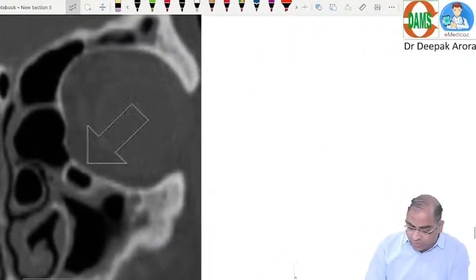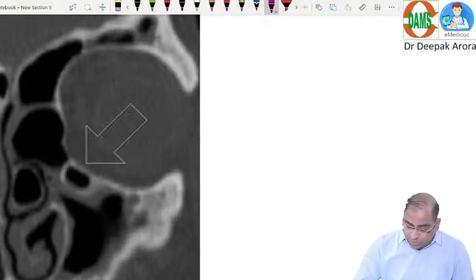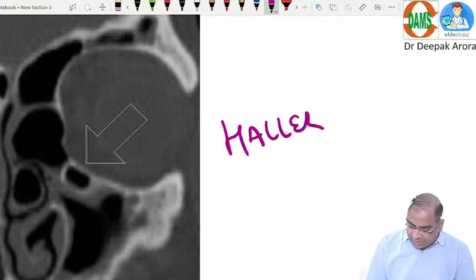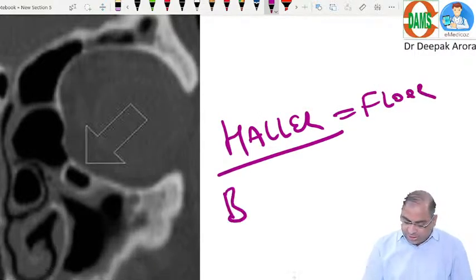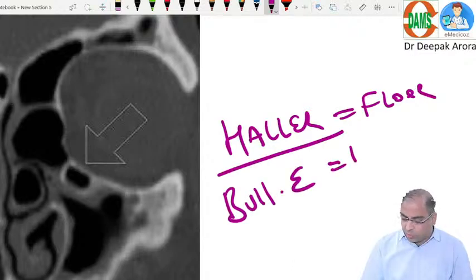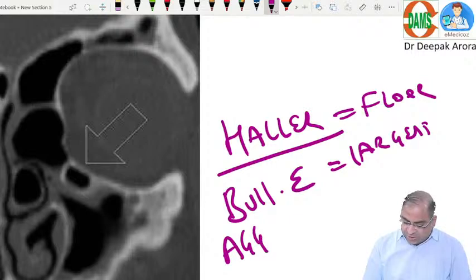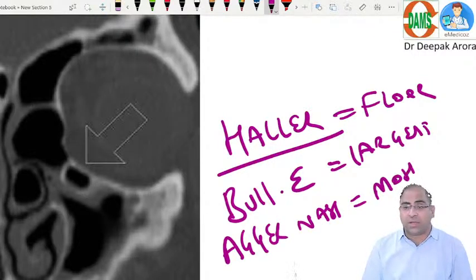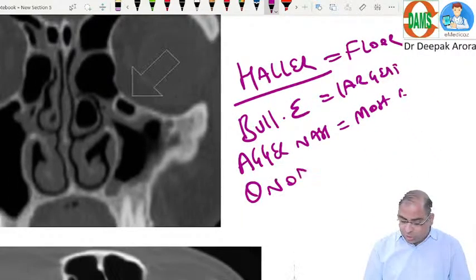So beta, three words should be on your tips. Haller is the floor. Out of this, one MCQ will be there. Very nice response in the chat box. Either Haller is equal to floor, bulla ethmoidalis is equal to largest, agger nasi is the most anterior, and the most posterior is your Onodi cell.